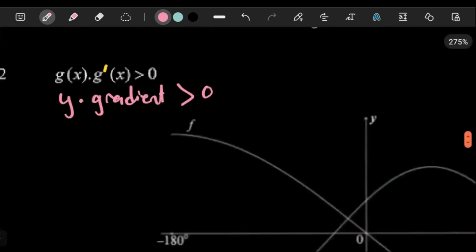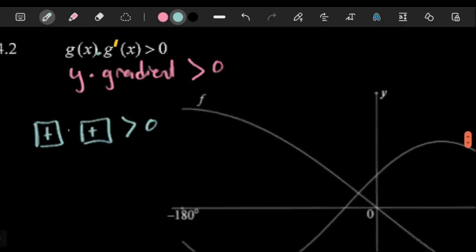The one thing to take note of, before you even worry about gradient and y values, is that for an expression to be bigger than 0, if you're multiplying two things, then you have to consider cases where both of these are positive or cases where both of them are negative values.